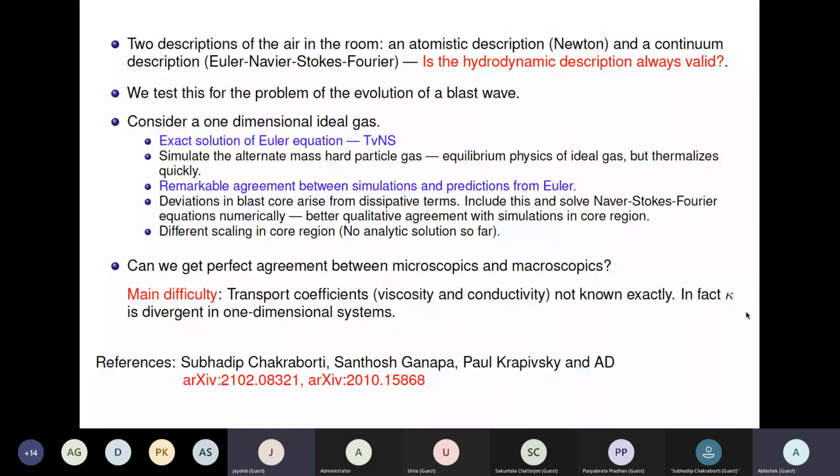Do you think that this similar kind of trick should work for higher dimensions also? The way that you have developed this scheme in 1D, should this hold for 2D and 3D, so that you have an alternative to a lattice Boltzmann type of description?